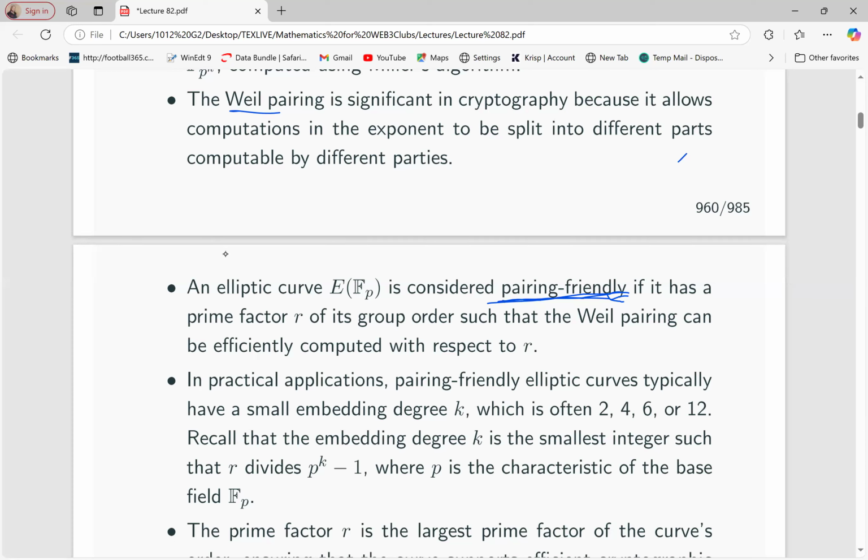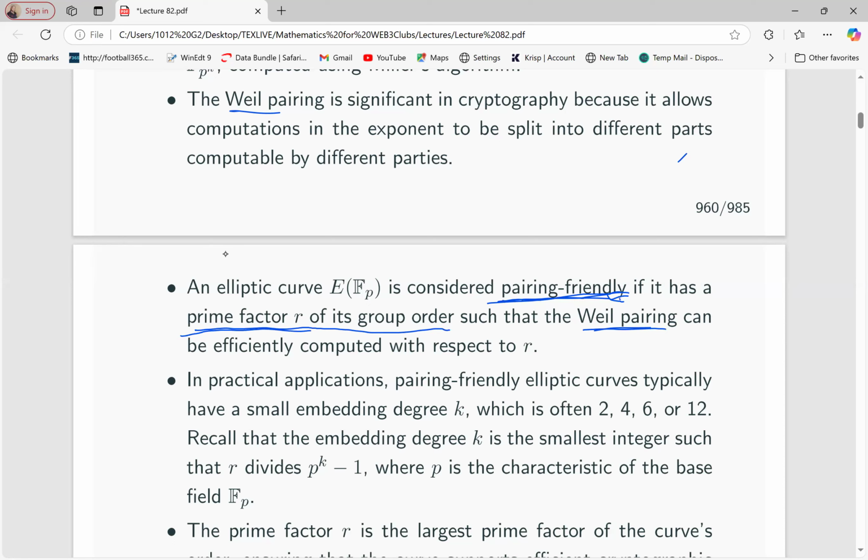I've said that an elliptic curve is considered pairing friendly if it has a prime factor of its group order such that there's an algorithm that can efficiently compute the Weil pairing. So there must be a prime factor.